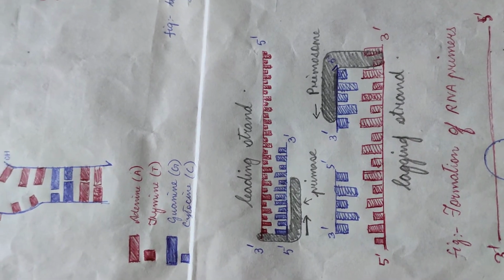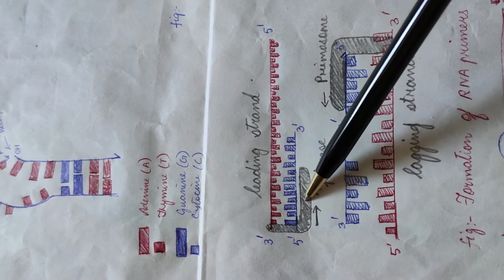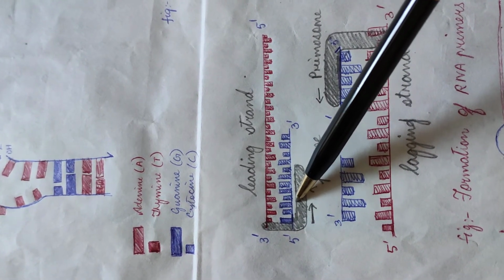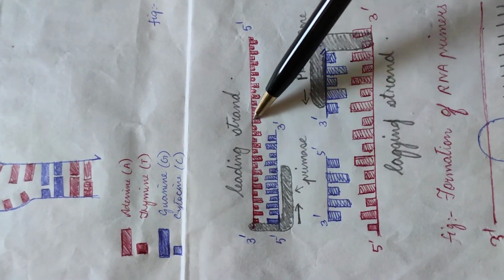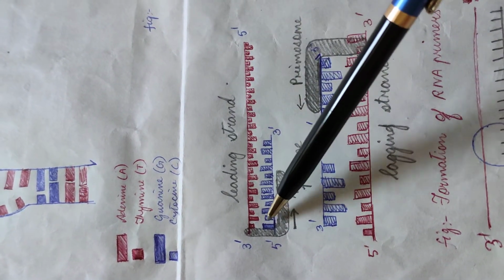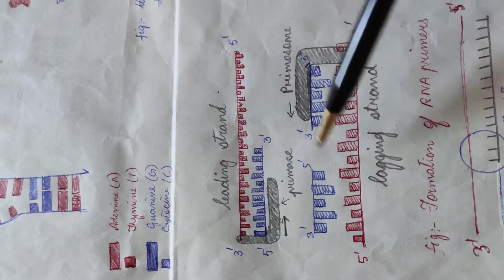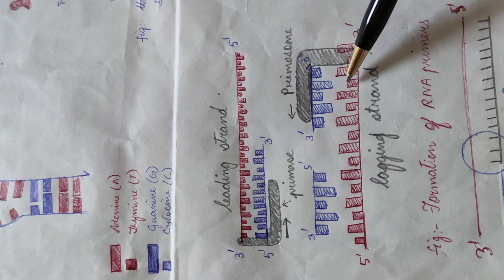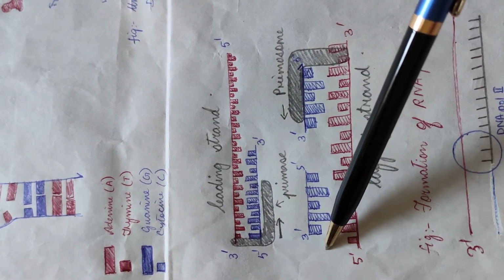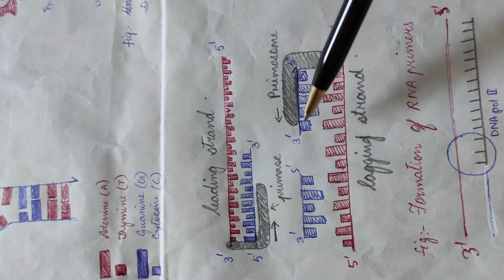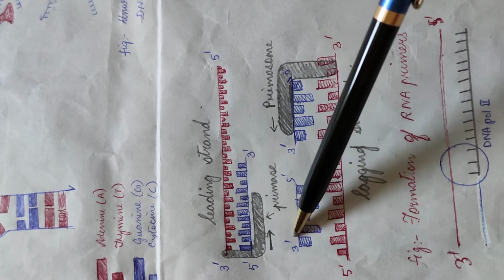The next enzyme is primase. Primase helps in the formation of a short RNA primer strand. Here we can see this is the lagging strand. Why lagging strand? Because here the formation of the DNA strand is continuous in the other one, whereas this is the lagging strand because here the DNA cannot be formed from 5' to 3' direction. So it should be from this side like this.